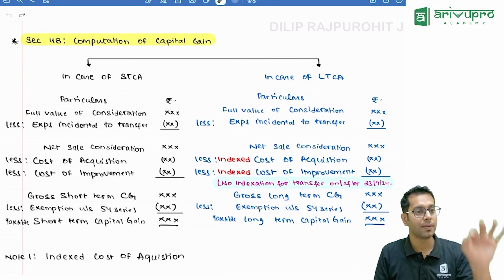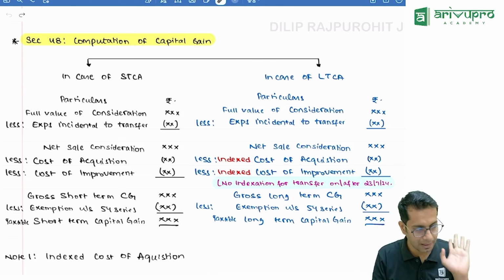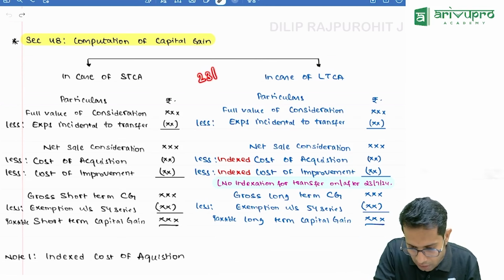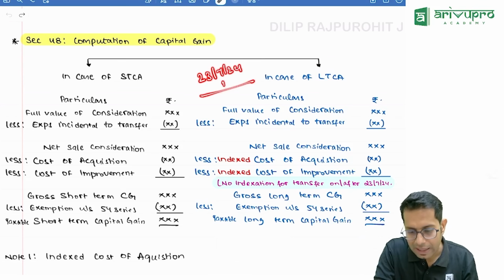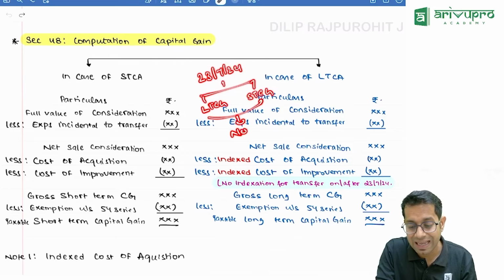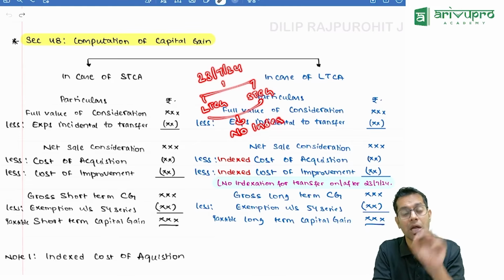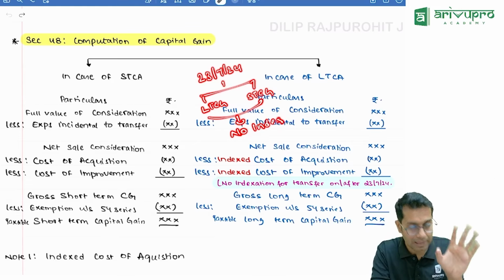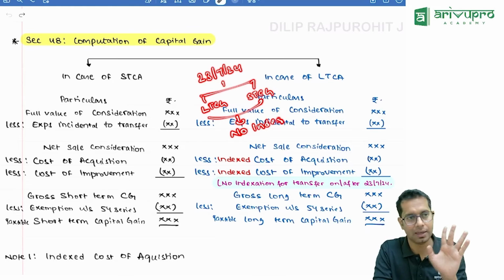Normally, what should I do, sir? For computation of capital gain, if the transfer is made on or after 23rd July 2024, can I say whether it is long-term capital gain or short-term capital gain? I will not get any indexation. No indexation is for what purpose, sir? For computing the gain. For computing the gain, there is no indexation.